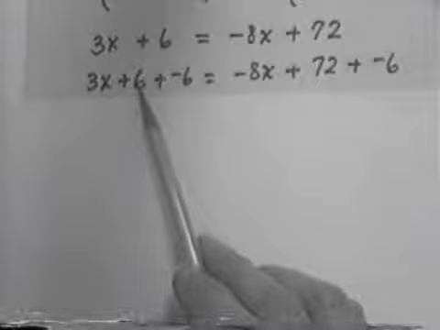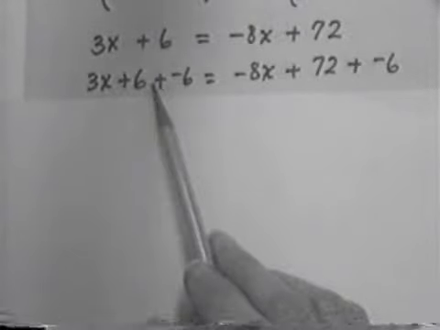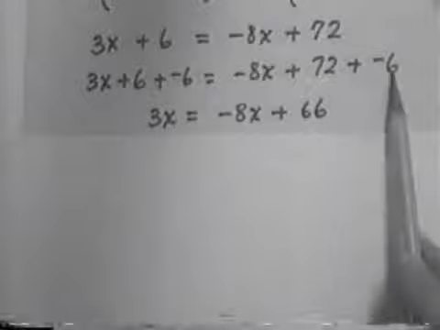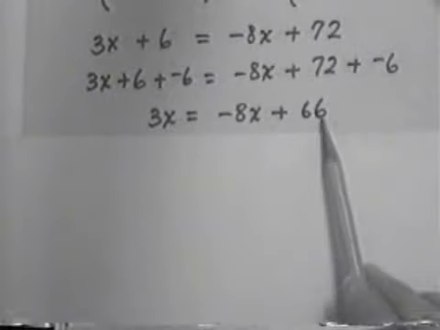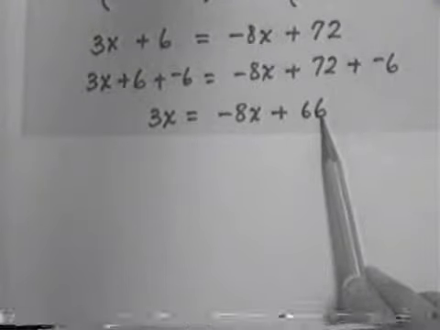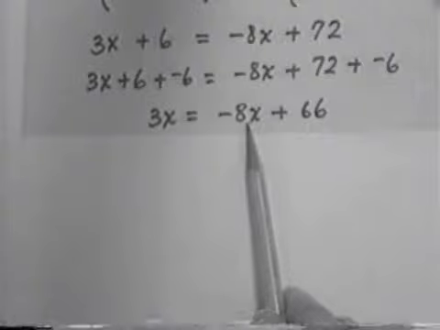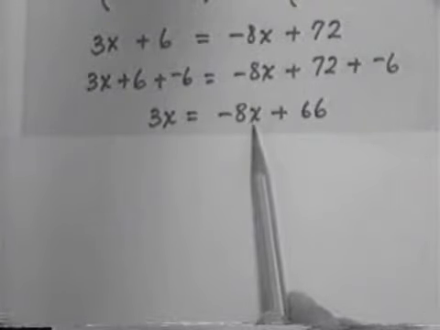Combining terms, the 6 and negative 6 add up to 0, giving us 3x plus 0, or simply 3x. On the right, we have negative 8x plus 72 plus negative 6. We combine the constants 72 and negative 6 to get 66. Then we eliminate the negative 8x from the right side by adding its opposite.